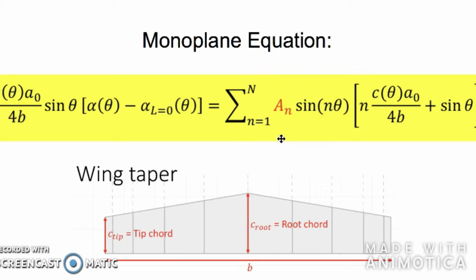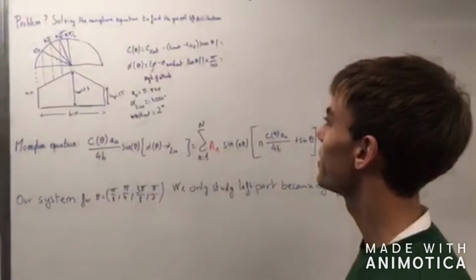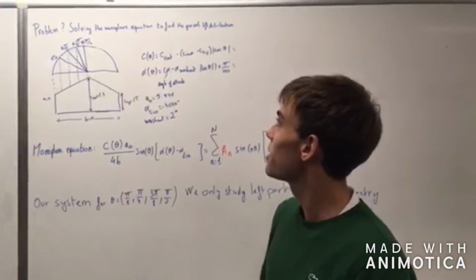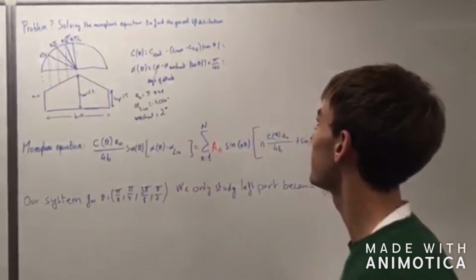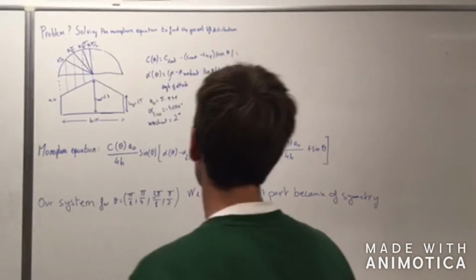I will now let Jean-Baptiste explain to you in more detail about this equation and how to solve it for the case of a tapered wing. As you can see, this is a tapered wing. So, for our project today, we're going to try to solve the monoplane equation to find the general lift distribution of an airfoil like this one.